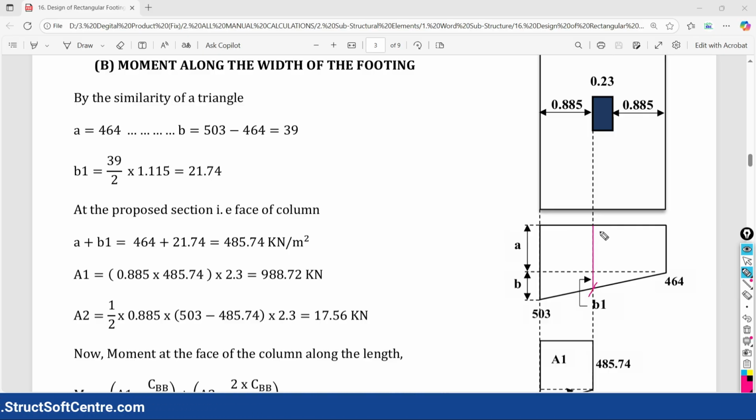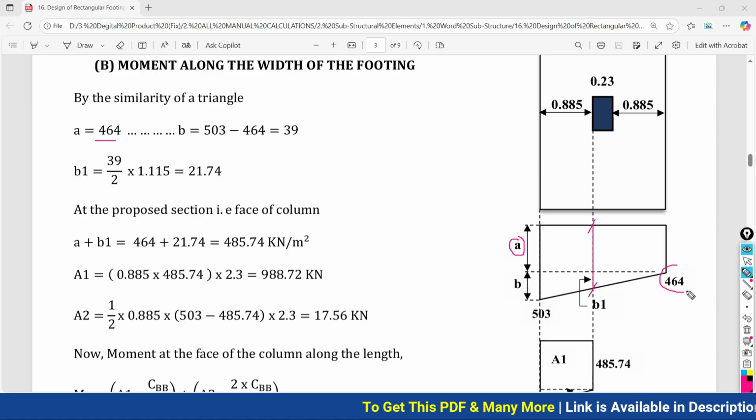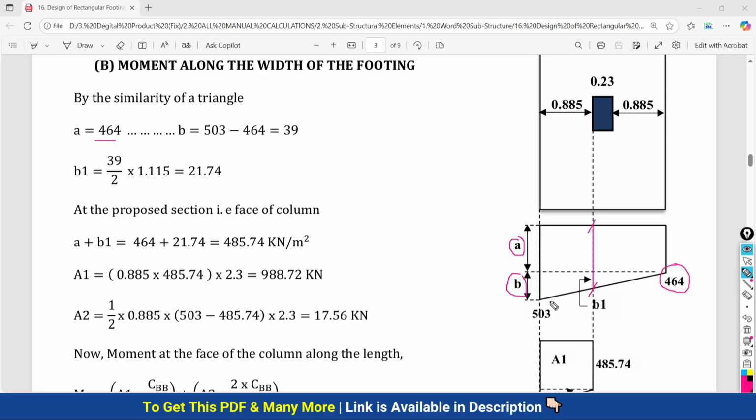So we need to calculate this pressure height, and how can this value be calculated? We have to take the help of the values from the edges. So at the edge we are going to denote it by A and B. So A is 464 and this B will be equal to total 503 minus 464.